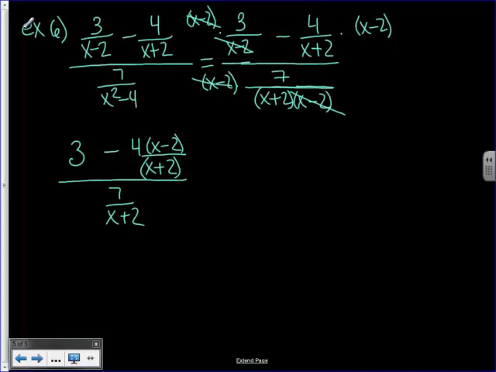Okay, what other denominator do I want to get rid of? Well, let's get rid of x plus 2. So I'm going to multiply everything by x plus 2.